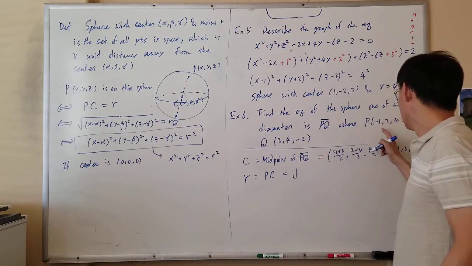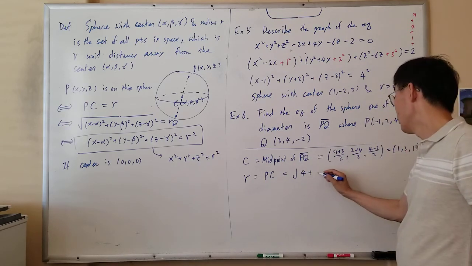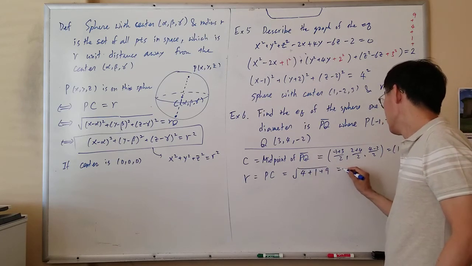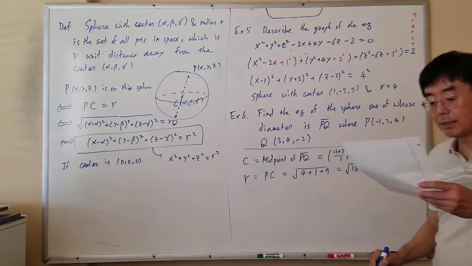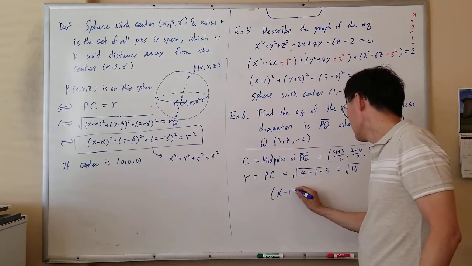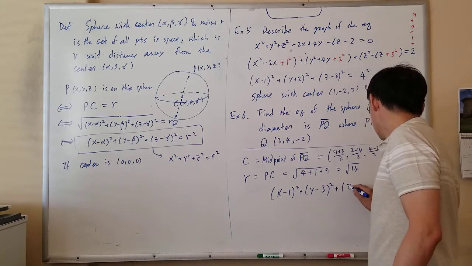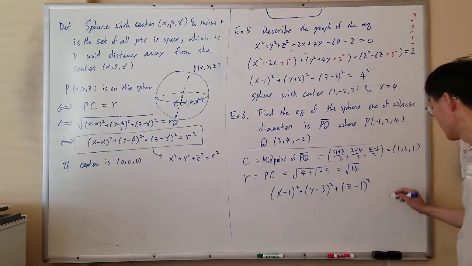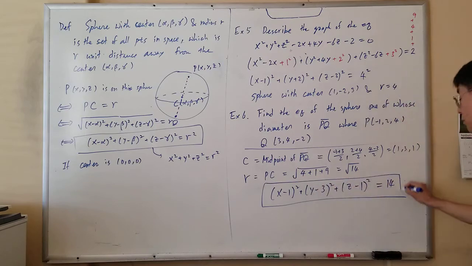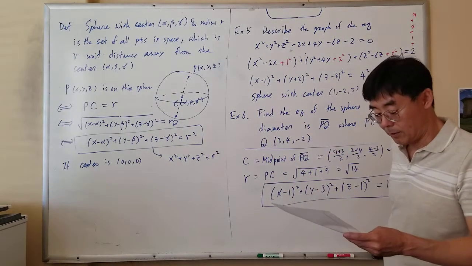Square root of 2 squared, 4, plus 1 squared, 1, plus 3 squared, 9. So square root of 14. Alright? So the equation is x minus the x coordinate of the center squared, y minus the y coordinate of the center squared, z minus the z coordinate of the center squared equals r squared, so 14. That would be the standard form of the equation of this sphere.